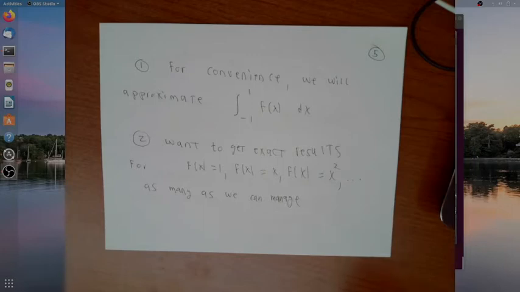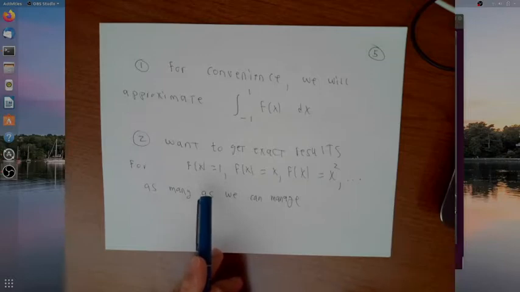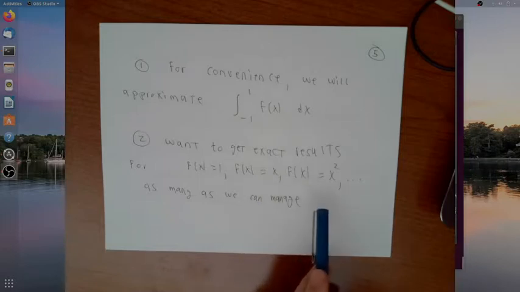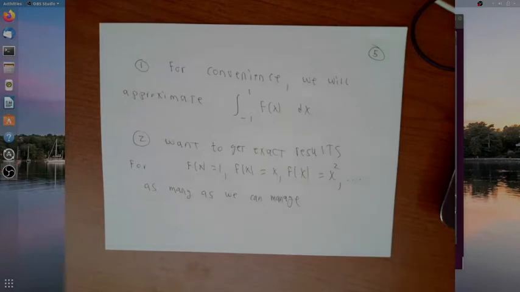We want exact results if I were to try to integrate the constant function 1, also the function f of x equals x, f of x equals x squared, and as many of these as I think I can reasonably get away with. The new strategy is that we're going to pick these numbers, the r numbers and the c numbers, so that as high a degree polynomial as possible is integrated exactly.